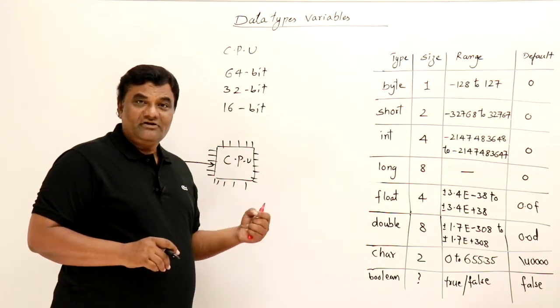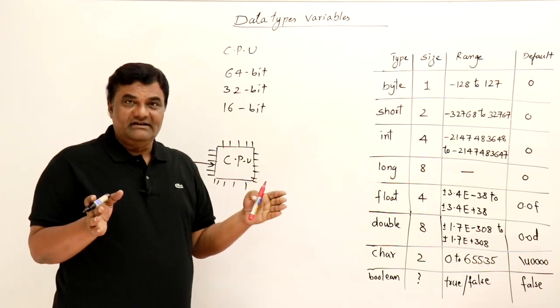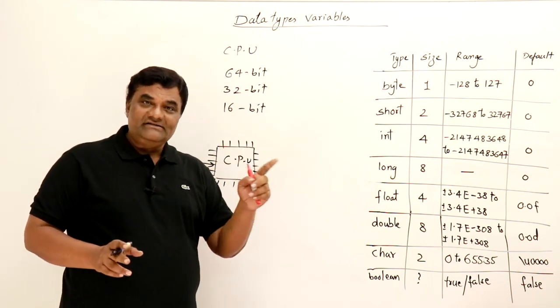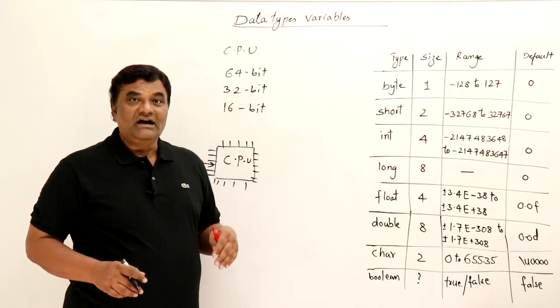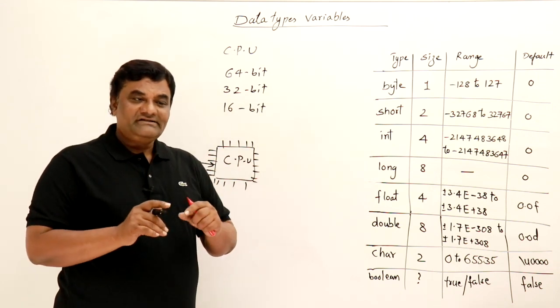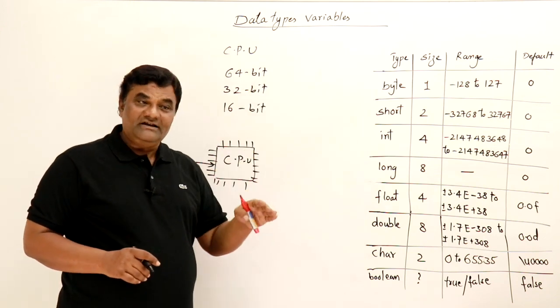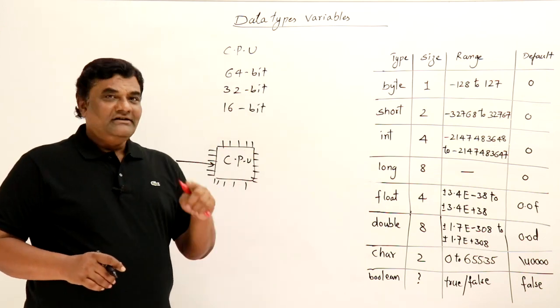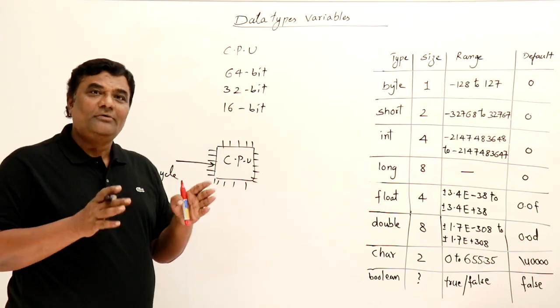At a time it can process 64-bit size data. Older versions of CPUs were capable of processing smaller size data. They were 32-bit, and before that 16-bit. So this is the bit size of a machine: how much we can process at a time.